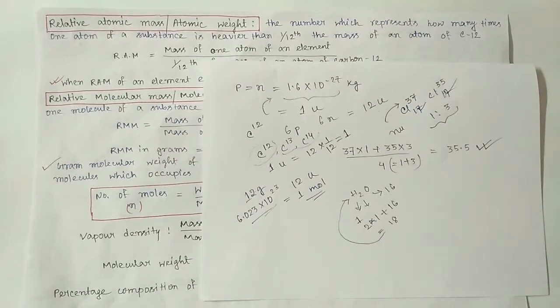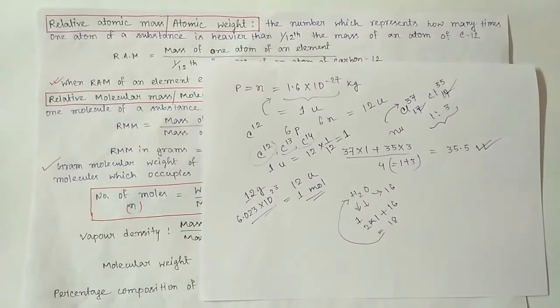And I have also told you the atomic mass of C12 is 12. So now 12 gram of C12 has 6.023 × 10^23 number of atoms.